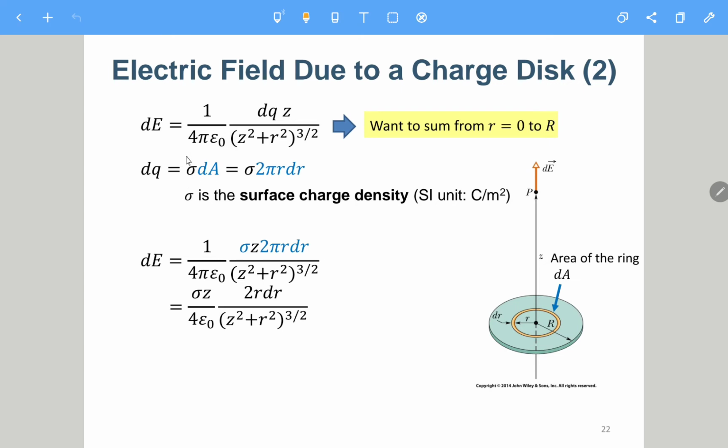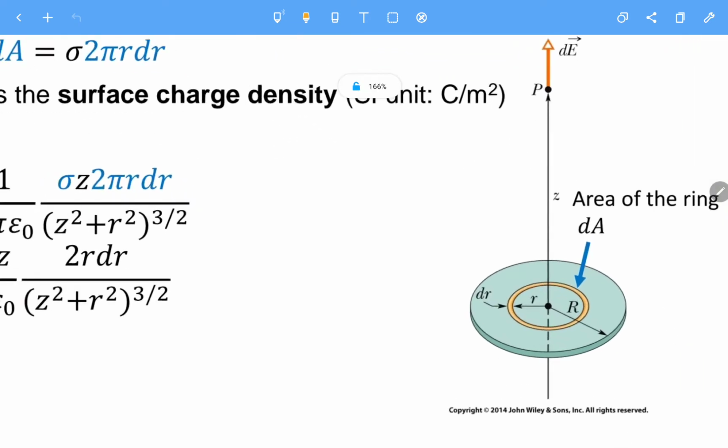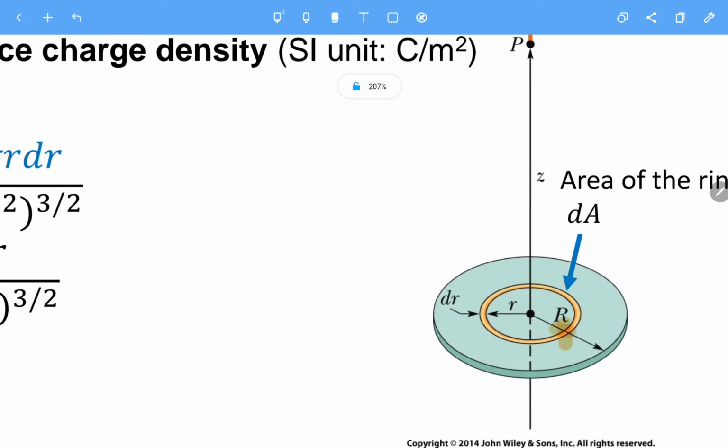So dq is the surface charge density multiplied by the small area of this ring, and the area of this ring is 2 pi r dr. Why is it like that? The reason is you can try to cut this ring here, and then expand it into a rectangle.